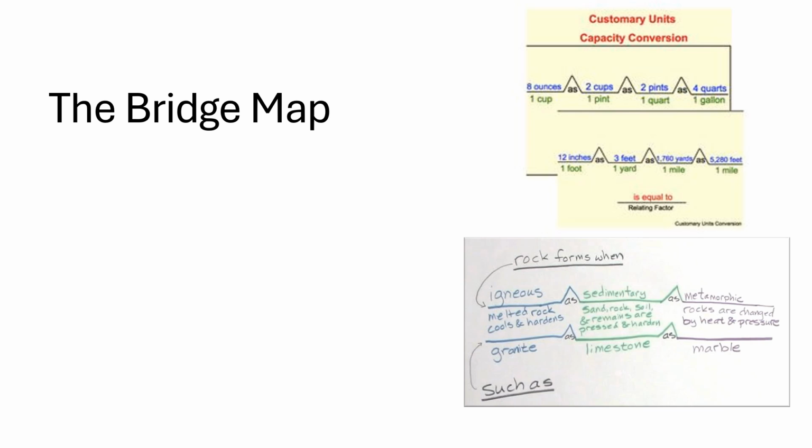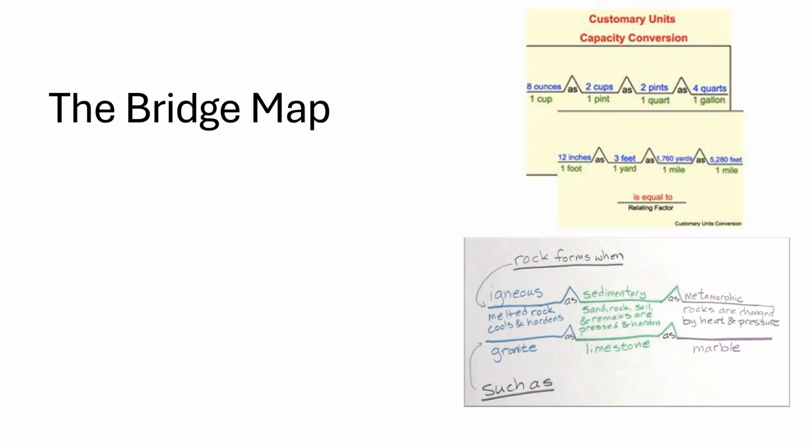Okay, this can sometimes be the map that is least used as it is the last to be taught. The bridge map helps students identify the relationships between things. As long as the relationship remains the same, the bridge map can be extended beyond 2 pairs of words. The key to teaching the bridge map is to make sure students understand what the relating factor is.